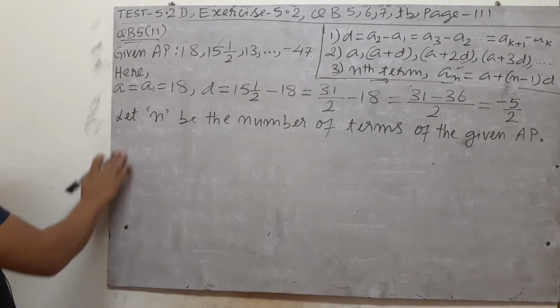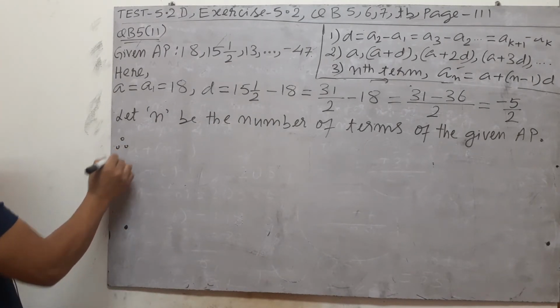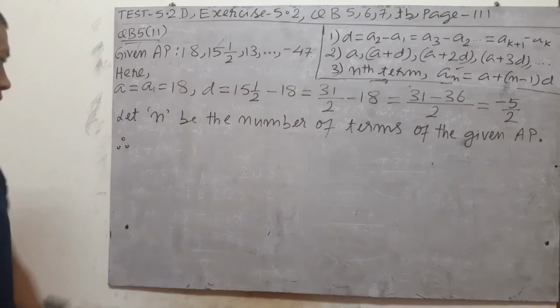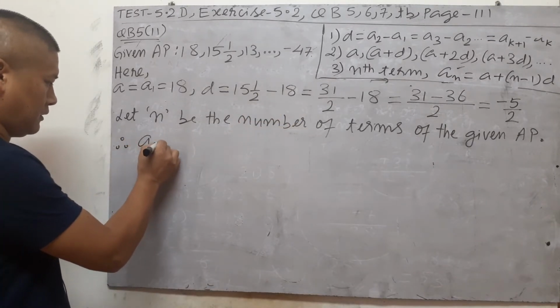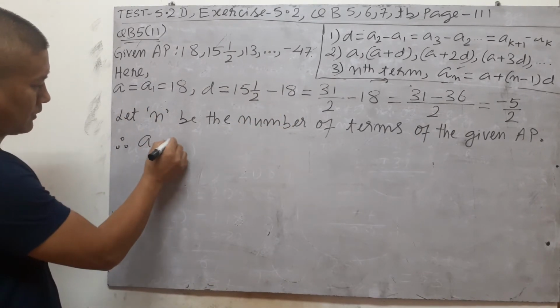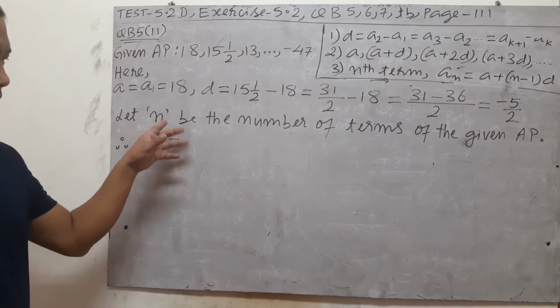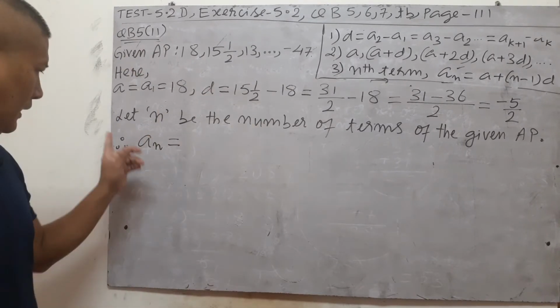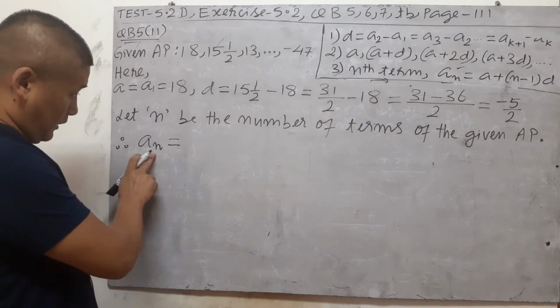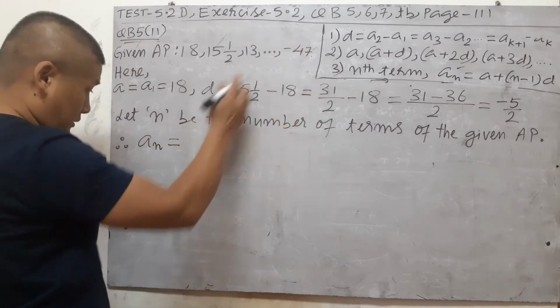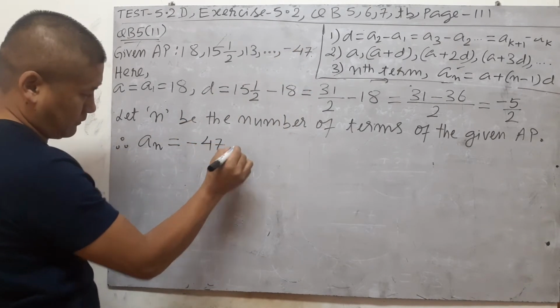That means if n is the total number of terms, then an is the last term. The last term is the nth term, because the total number of terms is n. So an, the nth term, is the last term, minus 47.